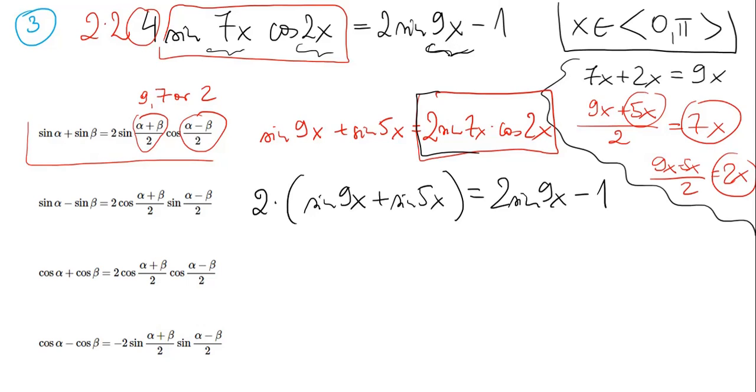And now it's going to be very easy because you can easily notice that you have 2 sine 9x on both sides, so they will just subtract themselves, and we will stay only with sine 5x, which is really good.